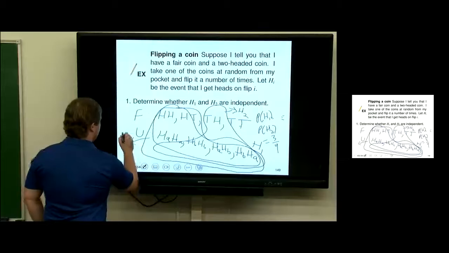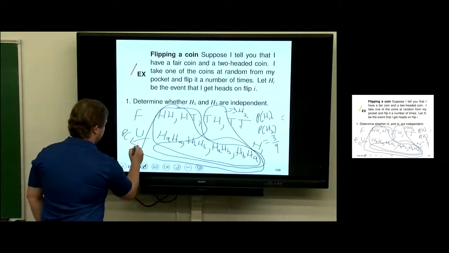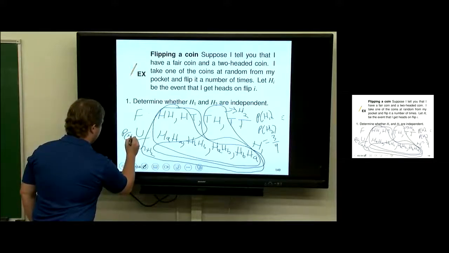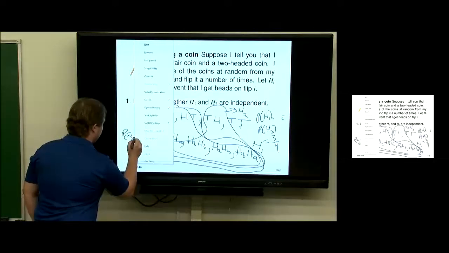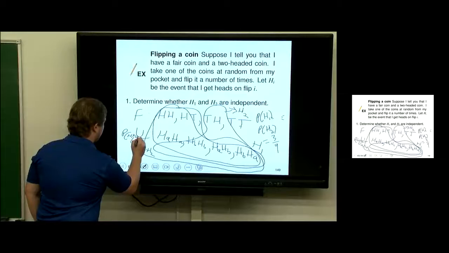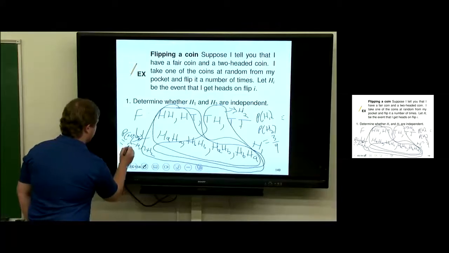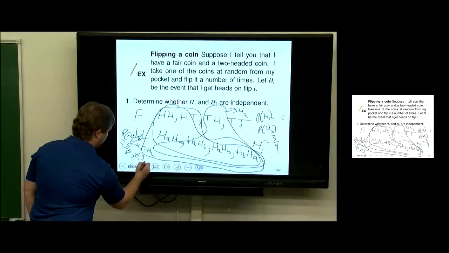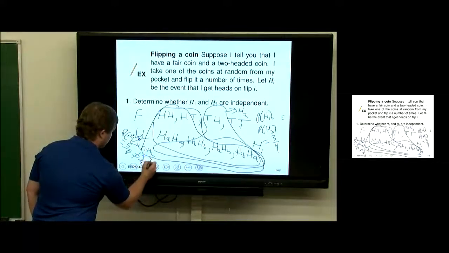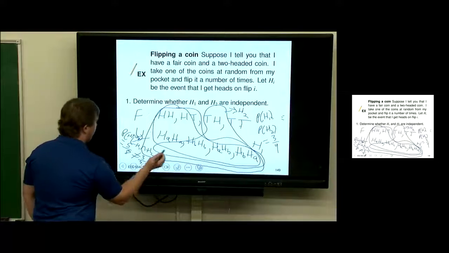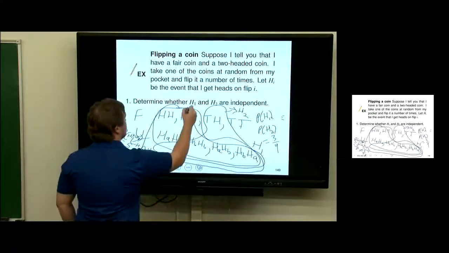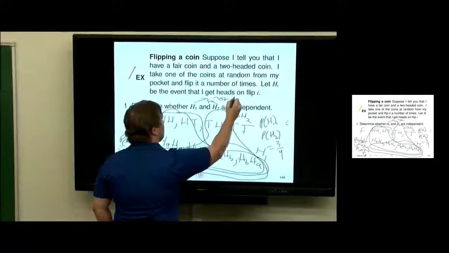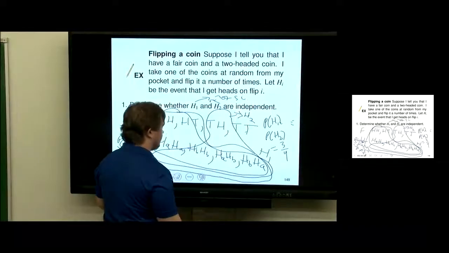So this is the event H1 intersect H2, but the probability of that equals 5/8, which does not equal 3/4 times 3/4. So not statistically independent.